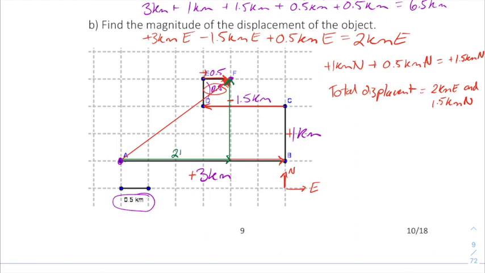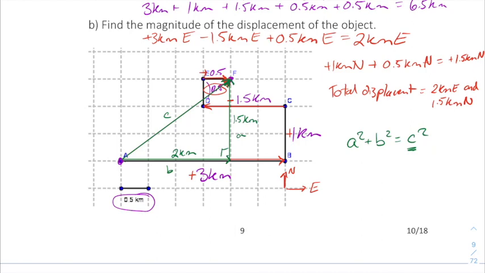And this is 2 kilometers and 1.5 kilometers, which tells us that this angled direction that we drew out here forms a right angle triangle, and you can solve that with the Pythagorean theorem as 2 squared plus 1.5 squared. Maybe you don't know, but a squared plus b squared equals c squared. So we could actually solve for this. This would be c on this side, and here's our a and our b. So we could solve for c.